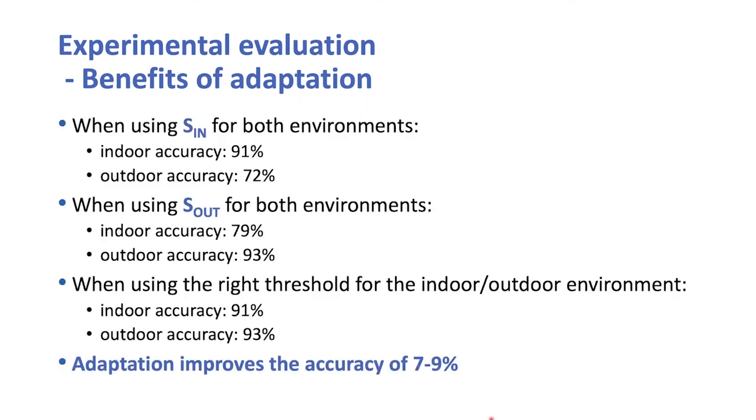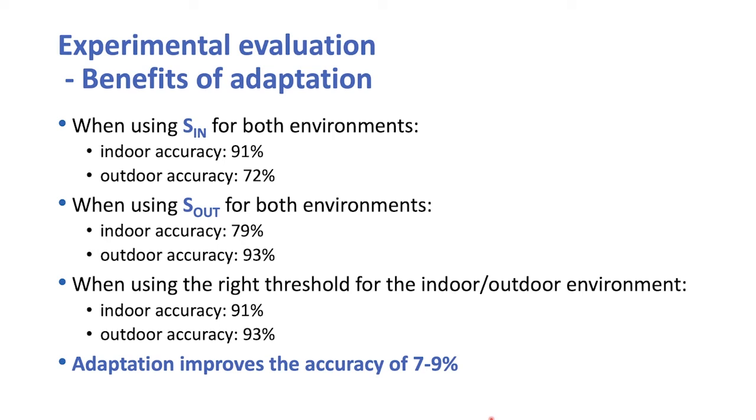Now, if we use the value of S computed by using the data coming from the indoor environment, as in, we obtain an indoor accuracy of 91% and an outdoor accuracy of 72%.